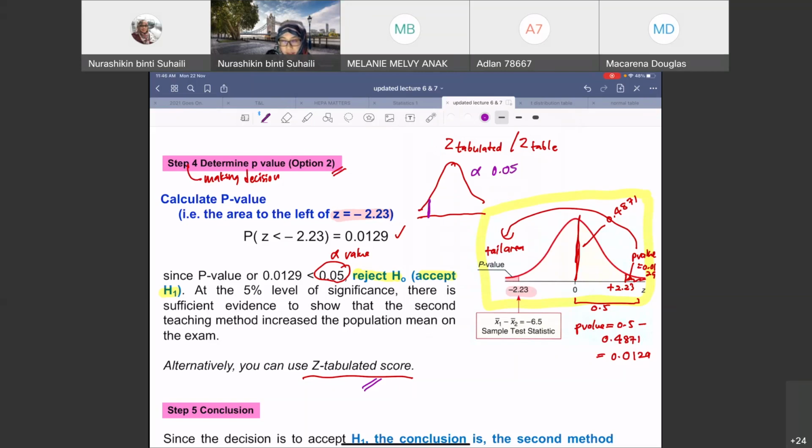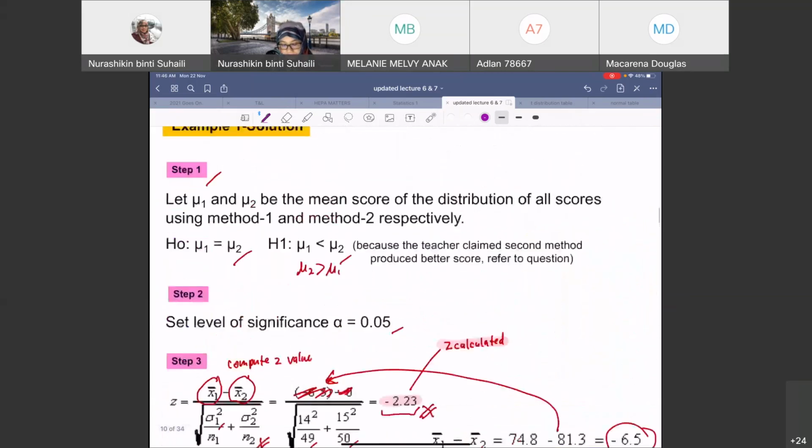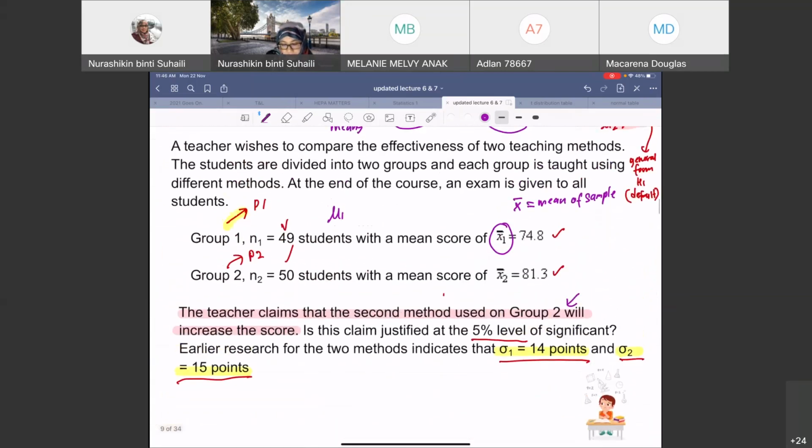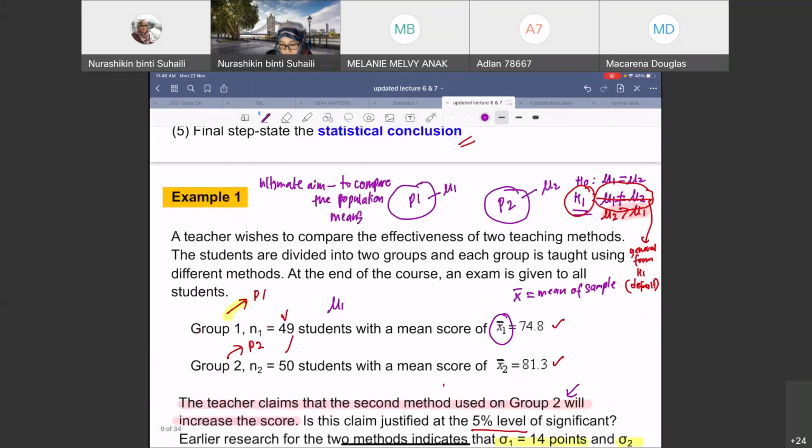Now, I forgot to mention, this is a two-tail case, because it can be anything.